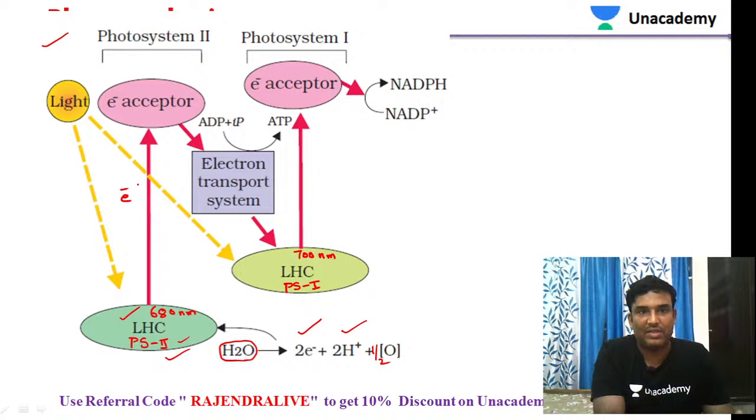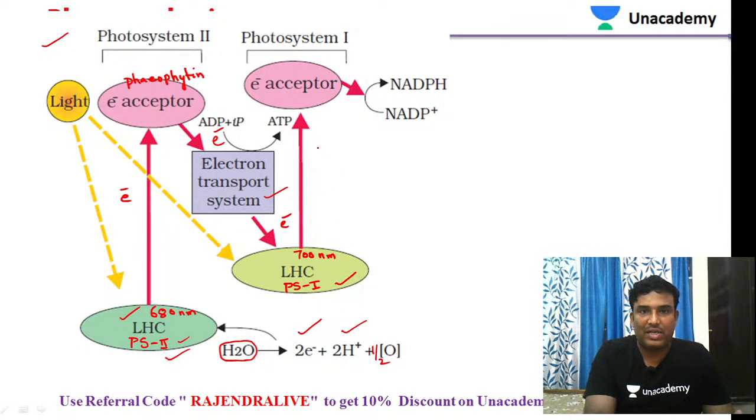The released electrons are accepted by an electron acceptor, which is pheophytin in this case. From pheophytin, electrons are transferred to the electron transport system, and from there to photosystem 1.